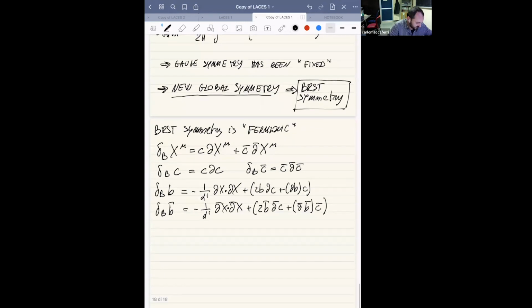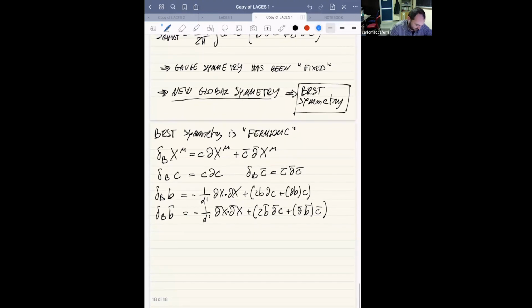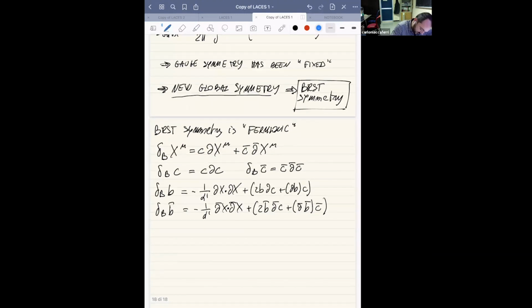Okay, and so I end up with the following exercise for you, which is a simple exercise to check the variation of this free theory.